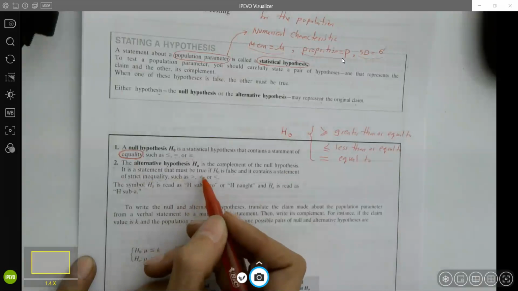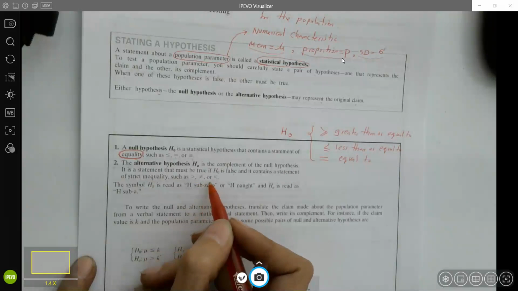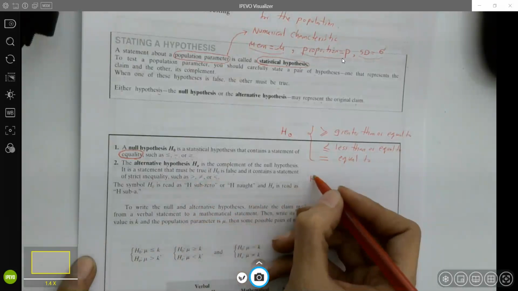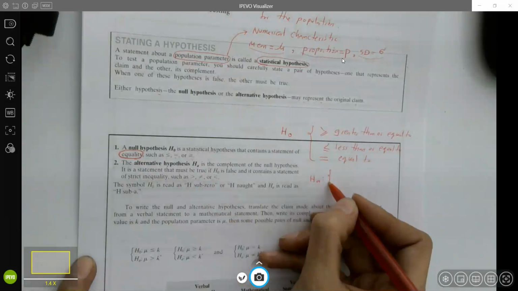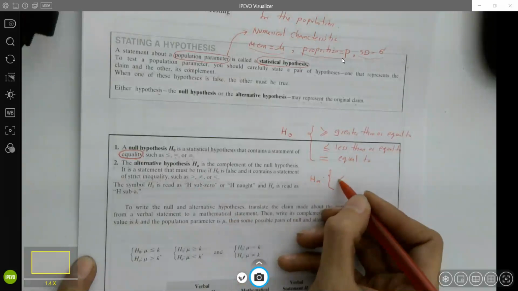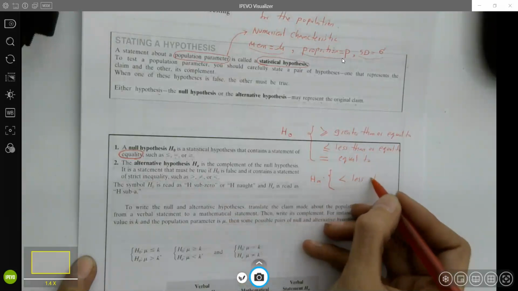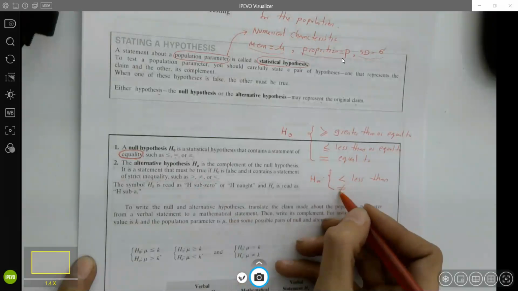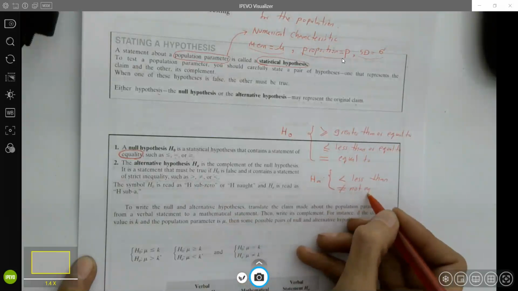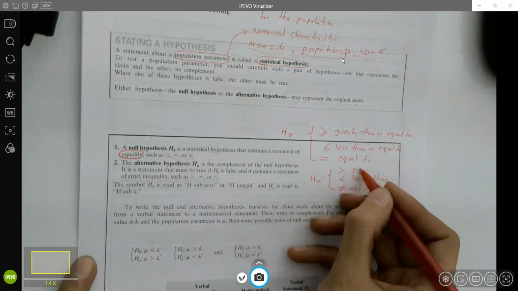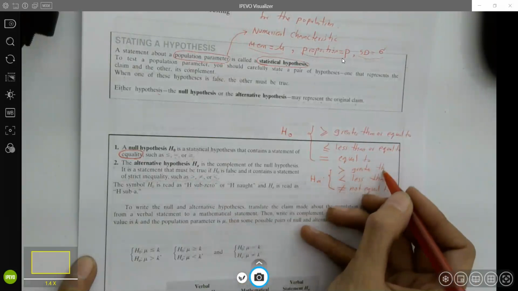It means that they are not equal to each other. So for your alternative hypothesis, the keywords are less than, there is no equality here, not equal to, or just greater than.